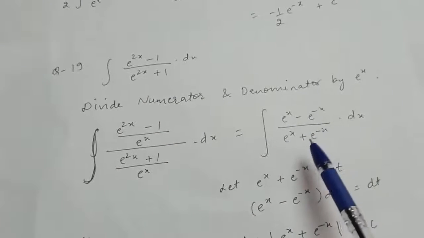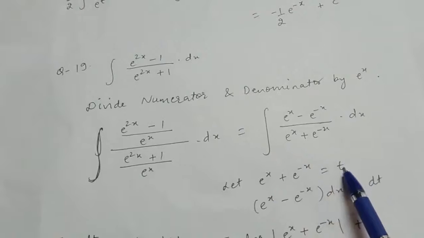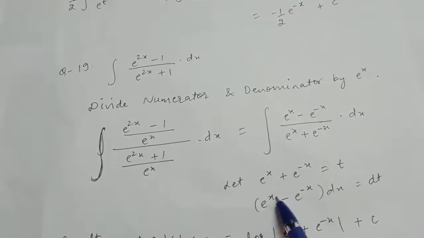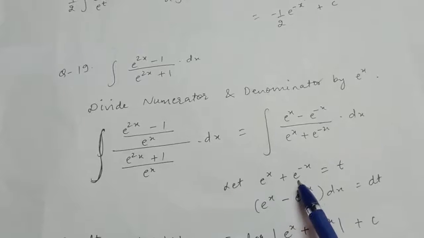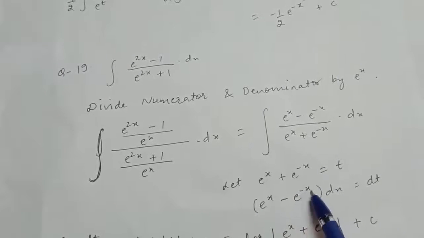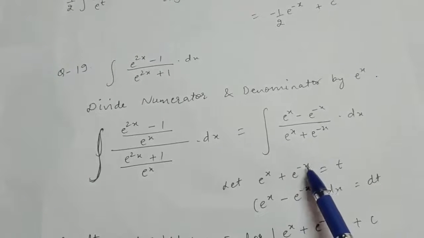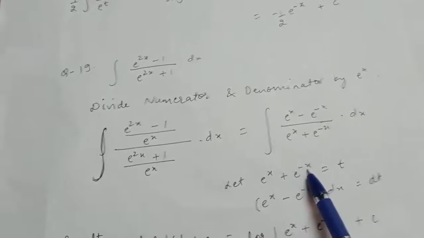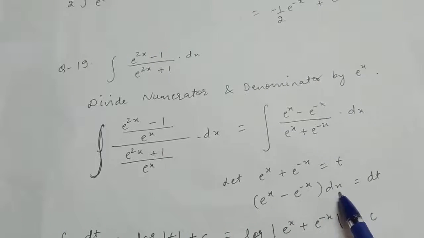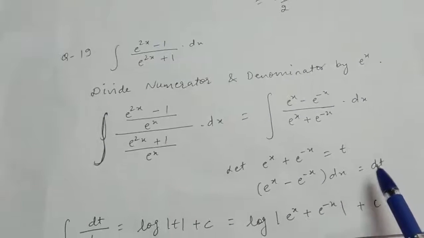Clear? Now let this denominator be equal to t, then derivative of e raised to the power x is e raised to the power x plus derivative of e raised to the power minus x is e raised to the power minus x into derivative of minus x, and derivative of minus x is minus 1, right, into dx equal to dt.